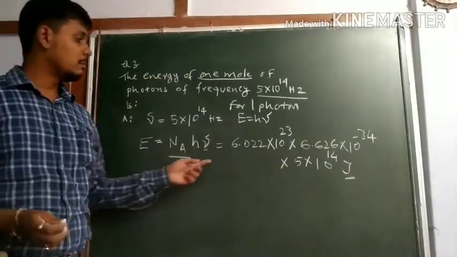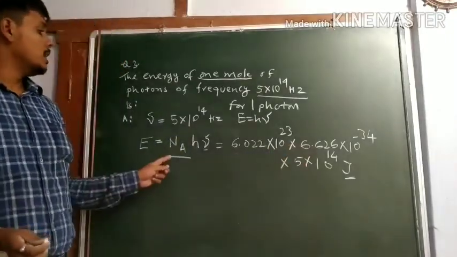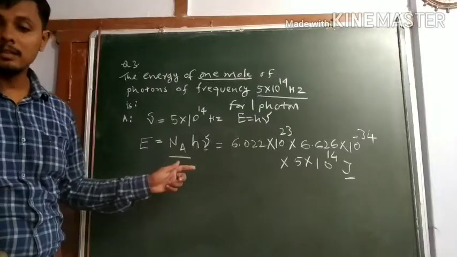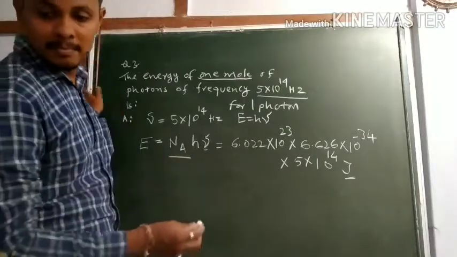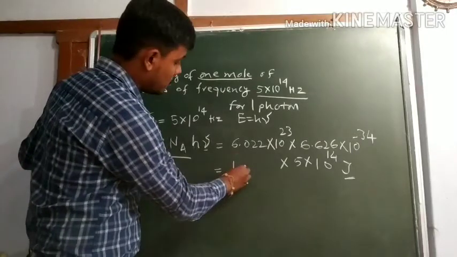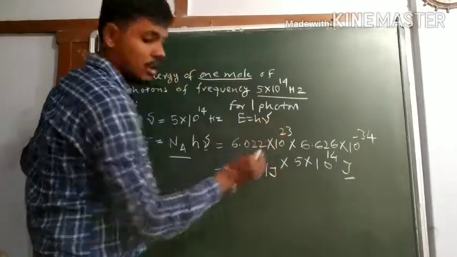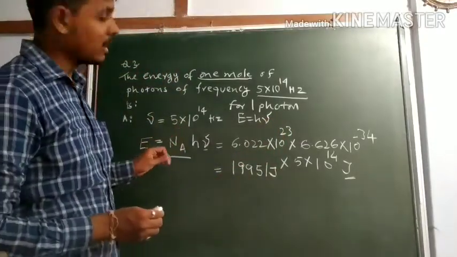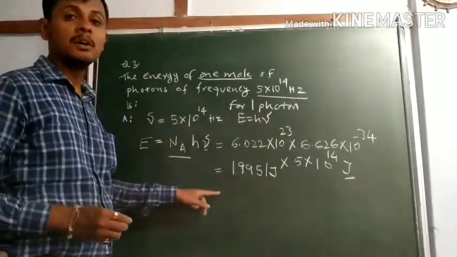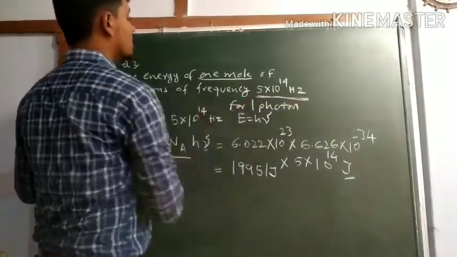So when we multiply Avogadro's number, h and nu, we get the answer as 199751 joule. Okay, so this is the energy of 1 mole of photons of frequency 5 into 10 to the power 14 hertz.